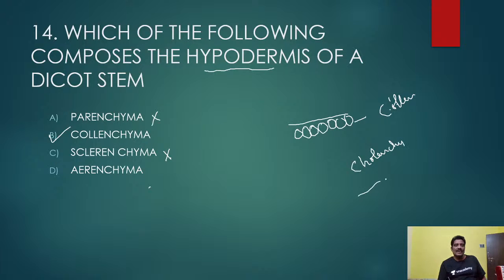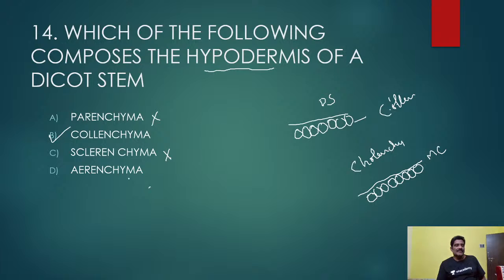Whereas in monocots, just below the epidermis, what is that? Sclerenchymatous cells. Already I told you that in monocots, sclerenchyma is well developed. In case of monocots it is sclerenchyma; in case of dicots it is collenchyma.